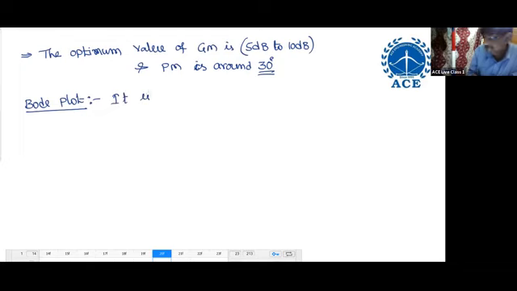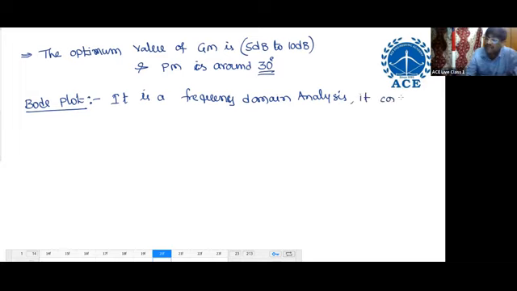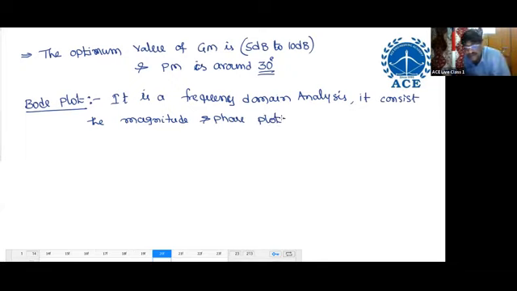It consists of the magnitude and phase plot.